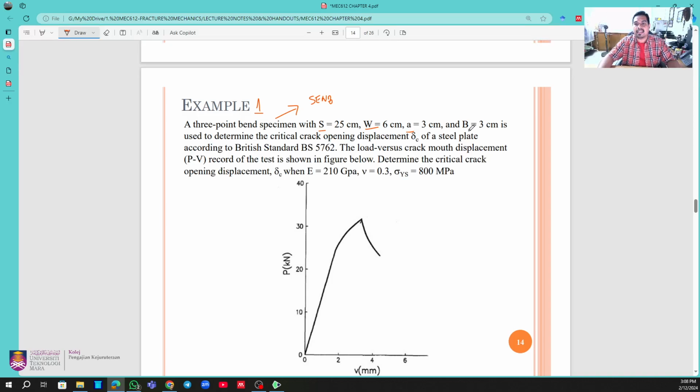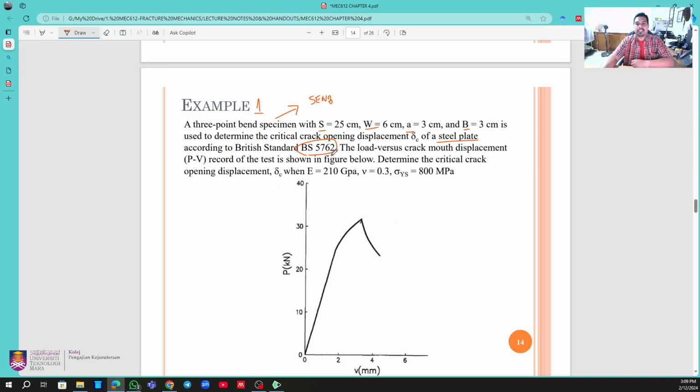This is the crack length, the thickness is 3 centimeter, used to determine the critical crack opening displacement, which is the CTOD of a steel plate. The material is steel plate according to the BS standard of 5762. I think this is equivalent to ASTM E1820, so no worries about it.